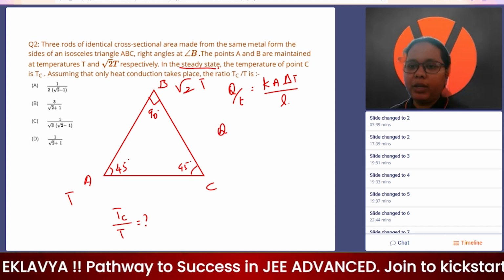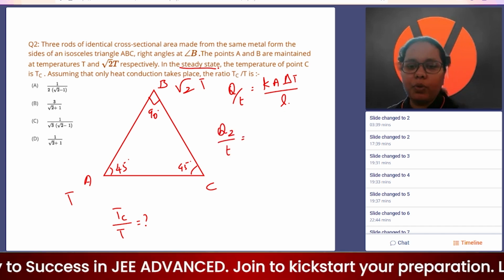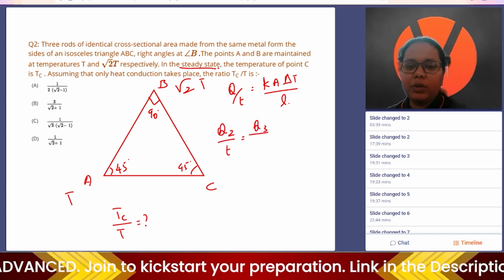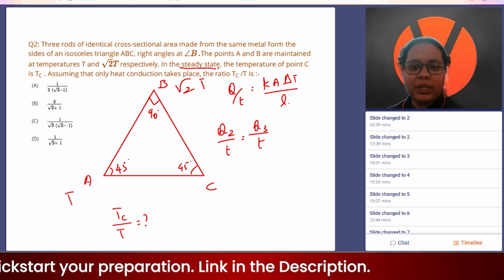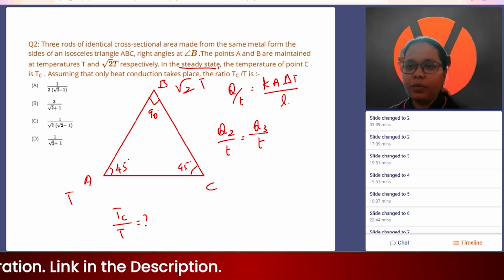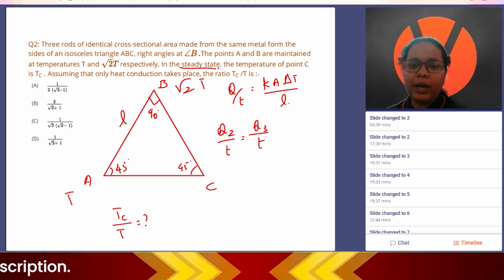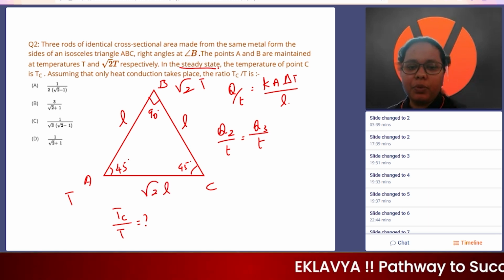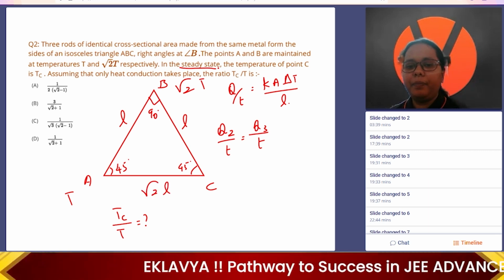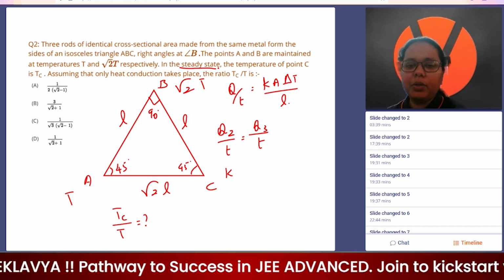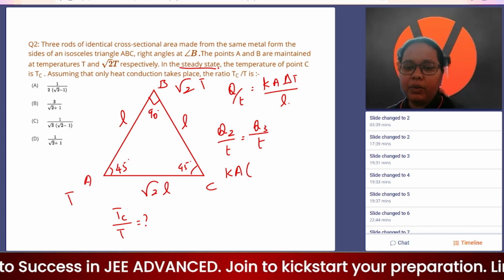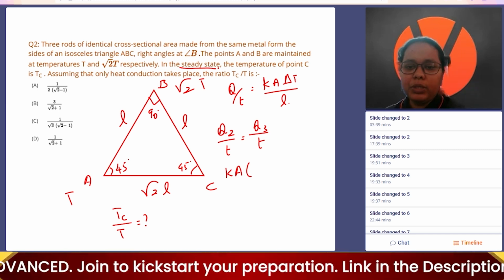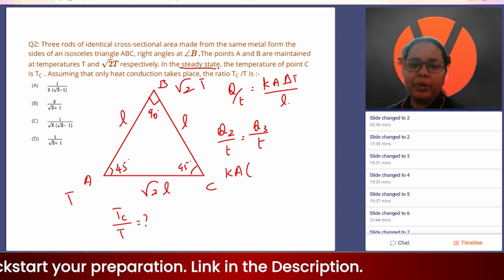Now the heat flowing through, Q2 by t is equal to Q3 by t. I'm just considering these two. Now, isosceles triangle: if this is L and this is L, what is this value? Root 2 L. Now Q2, thermal conductivity is going to be constant, K A. What is the change in temperature between B and C?